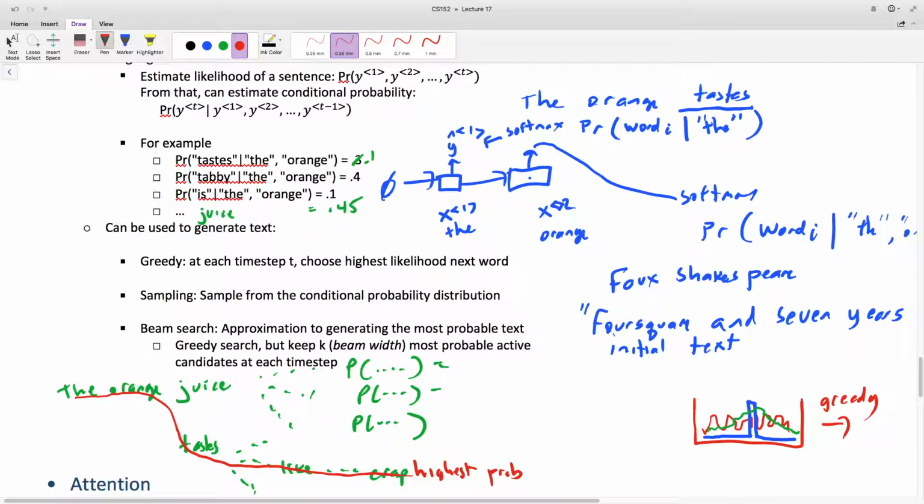All right. And so when we're computing y hat here, how do we compute this?